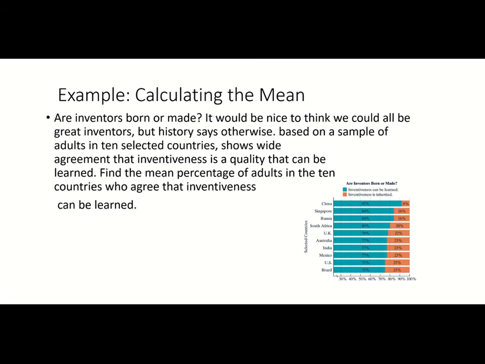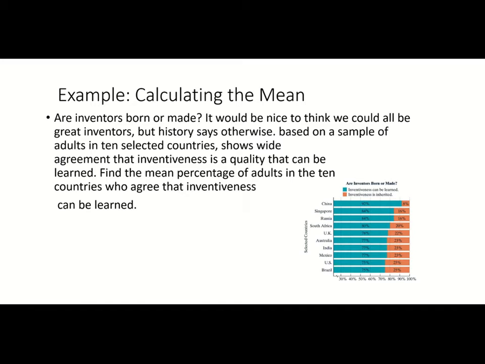All right, so here we have a chart, and it is a chart where they have surveyed adults in 10 selected countries, and they want to know, are inventors born or made? So the survey shows a wide agreement that inventiveness is a quality that can be learned.